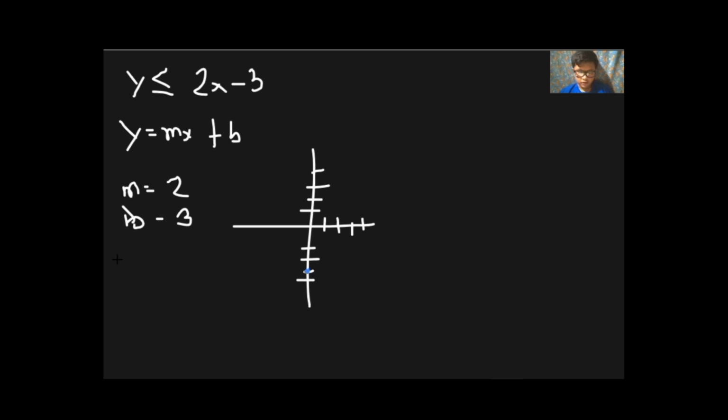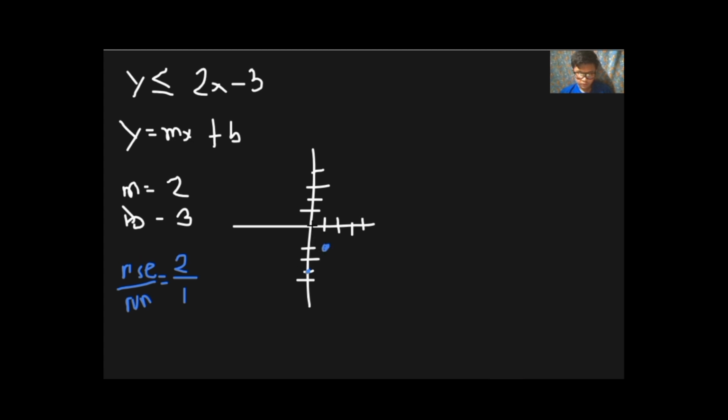By using the rise and run method, our m is 2, so we rise 2 and run 1. Our y-intercept is -3, so here. To get the next dot, we rise 1, 2, then run 1 here.